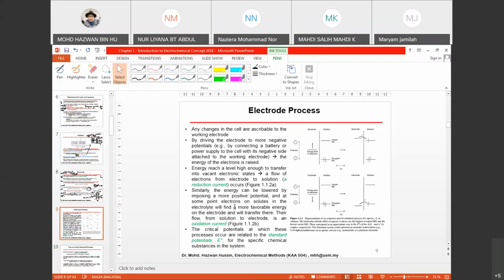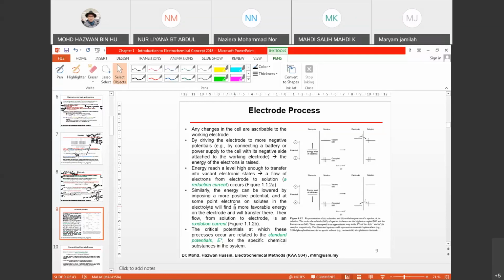So by driving the electrode to a more negative potential, the energy of electrons will be raised, and reach a level high enough to transfer into vacant electronic states, where there is a flow of electrons from electrode to solution. This process is known as a reduction current.